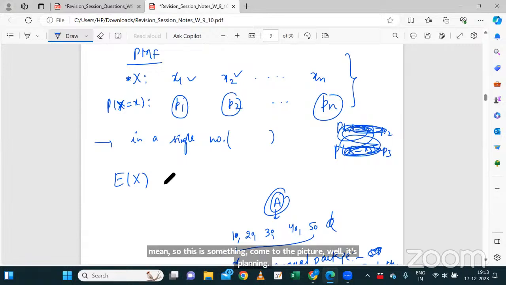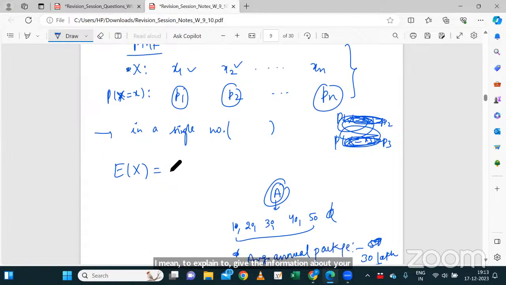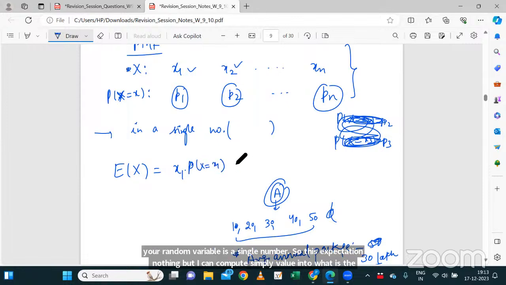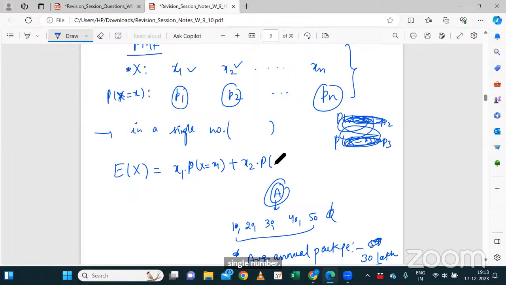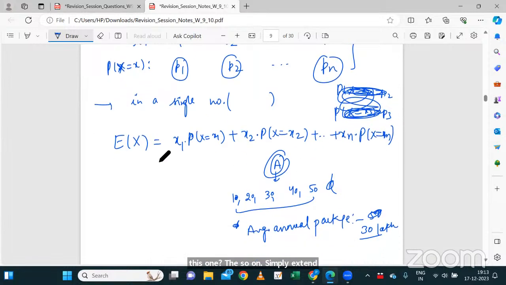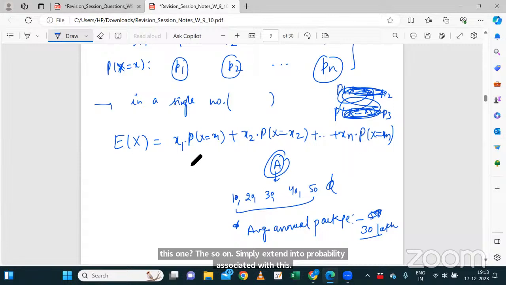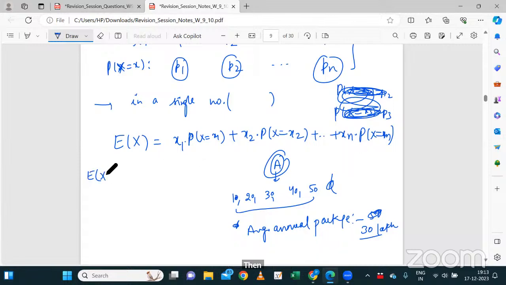So this expectation is nothing but x1 into the probability associated with this value, plus x2 into the probability associated with its value, and so on, up to xn into the probability associated with its value. Basically, it's a kind of weighted average. So the expectation of x is x1 p1 plus and so on up to xn pn.